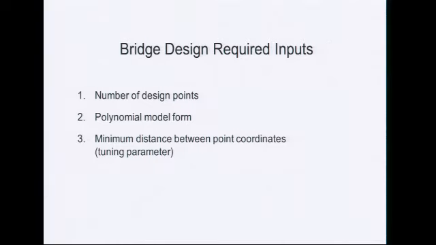So what that requires is a number of design points. You have to decide on what polynomial model you're going to use as a basis for doing the variance calculation, and then you have to decide what this minimum distance is going to be.